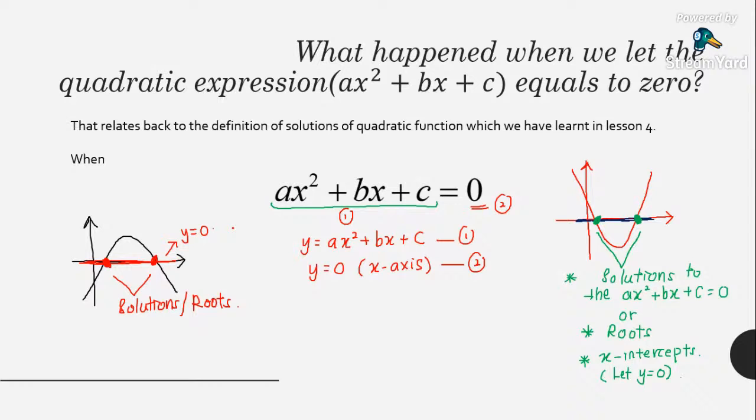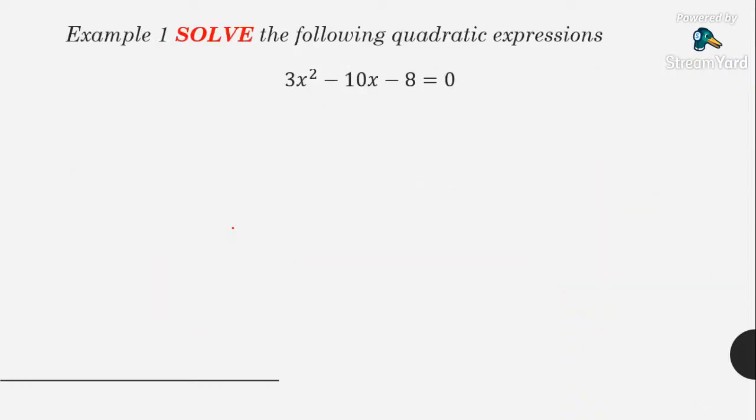I'll give you an example. When it comes to a quadratic equation, we don't say factorize the quadratic equation anymore. We say solve the quadratic equation. When you solve it, you actually have to do factorization first. This question is the one that we have seen earlier. Before you can solve, you must factorize first.